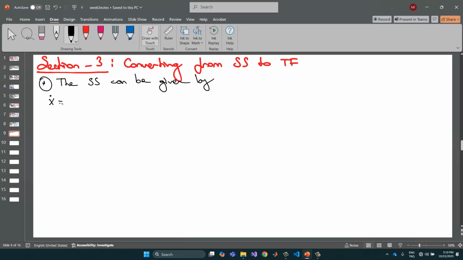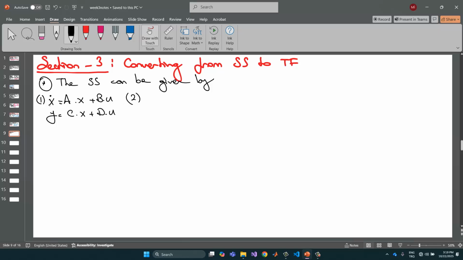X dot is equal to AX plus BU, right? And Y is the output equation, CX plus DU, right? And so, if I apply the Laplace transform to these terms, this is the first step. In the second step, we will get to this equation.